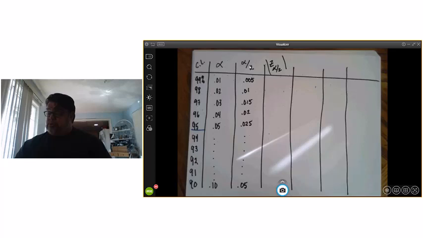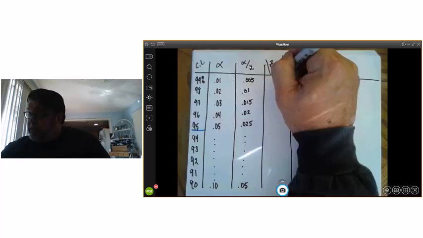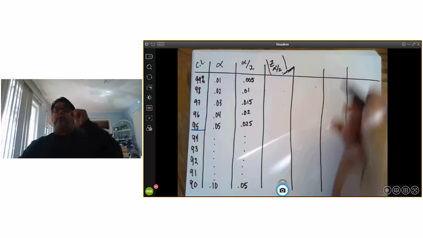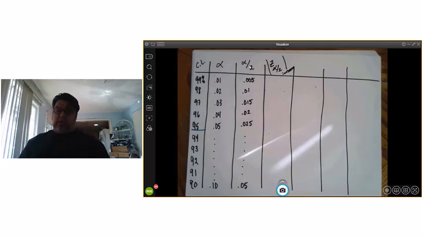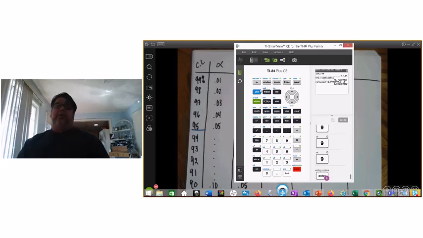So you're going to use the inverse norm key. I'm going to pull it up right quick. Second bars, inverse norm. And type in 0.0050, and go down to paste.